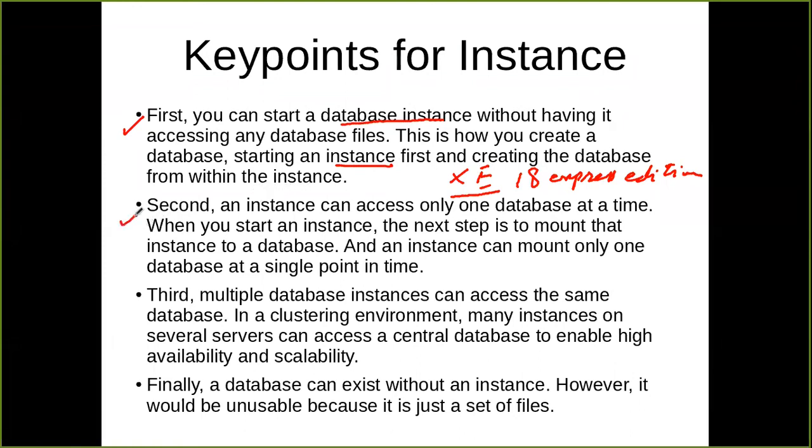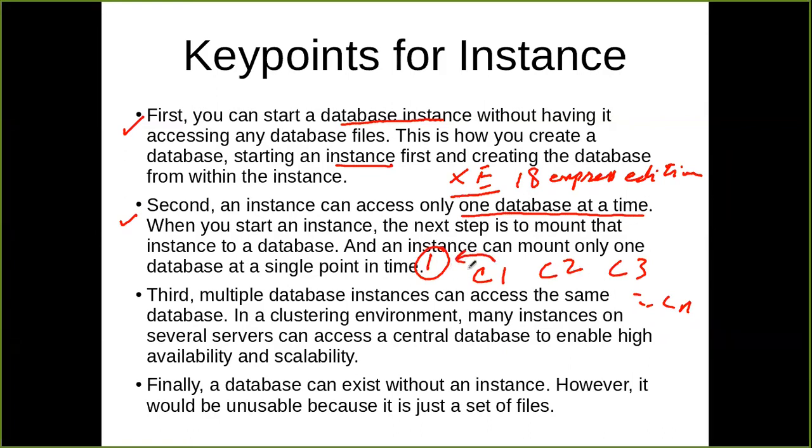The second point is that an instance can access only one database at a time. On my system there can be multiple databases. For example, I can host the database of company 1, company 2, company 3, up to n number of companies on a single machine. But on the single machine I can have only one instance. If I have only one instance, then out of all these databases I can connect only one at a time.